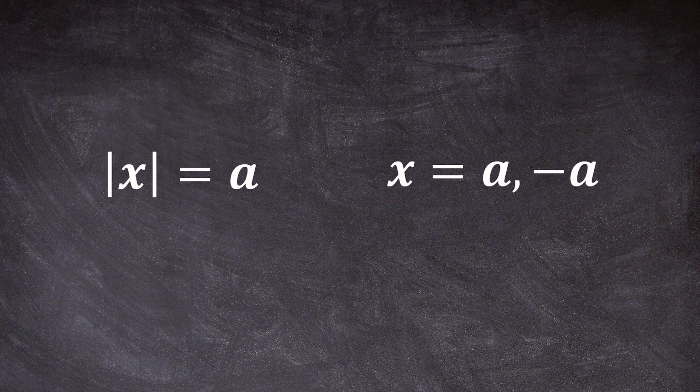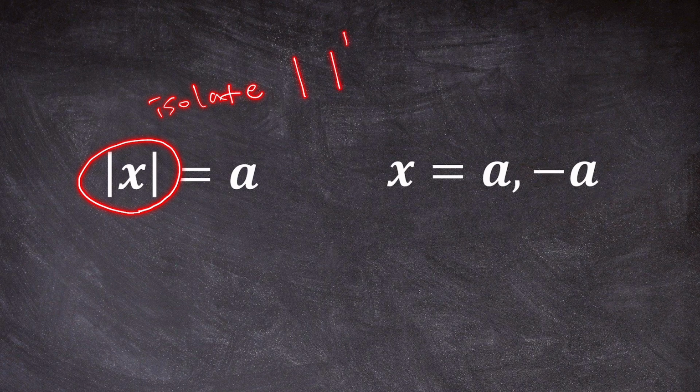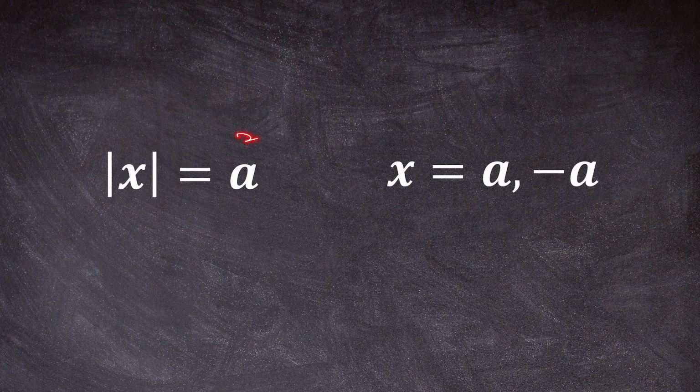If you have an unknown within an absolute value bracket, and that's equal to something, the first thing you have to do is isolate this unknown variable that's within the absolute value sign. So you first isolate the absolute value expression. That's the first step, and you set that equal to something.